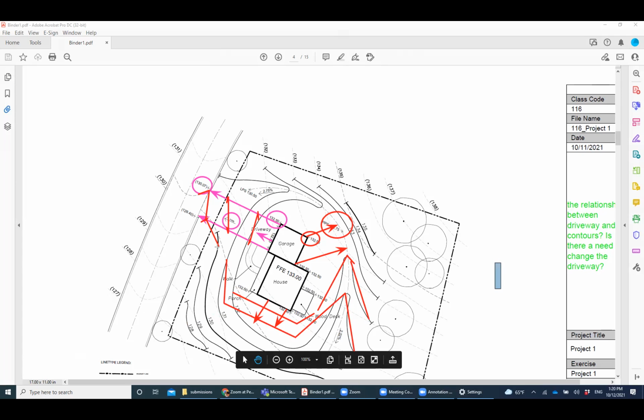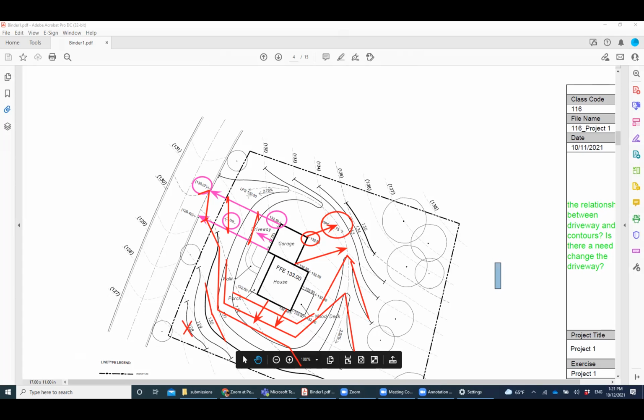When I get to this point, I further tighten up, and this can go back here. This contour will need to be changed just a tiny little bit, and all the others won't need to change. This 128 would not need to change if we tighten it up. All right, so that's that.